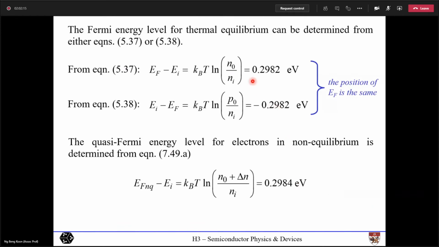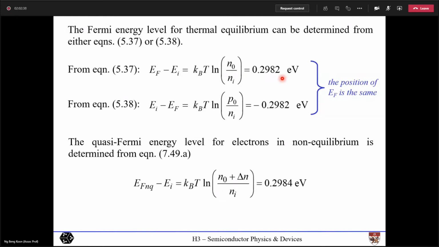Compared to the original, you notice it is increased by a little bit, by 0.0002 eV. So this quasi-Fermi level for electrons goes up, which is not surprising because you have extra carriers for electrons.